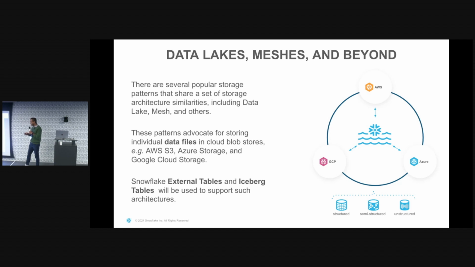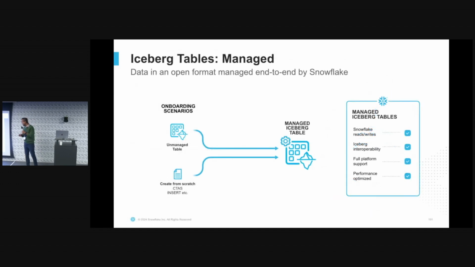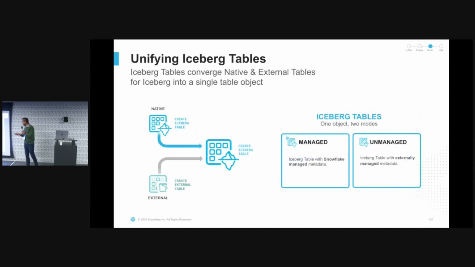Snowflake combines this data by using external tables, and now Iceberg. How does it do that? It has now enabled the Unified Iceberg table, which is basically a convergence of native and external tables. It allows you to write one single object and then manage it in two modes. What are those two modes?